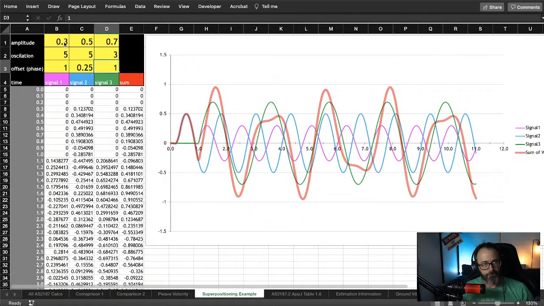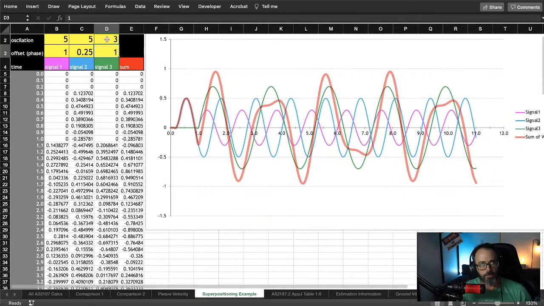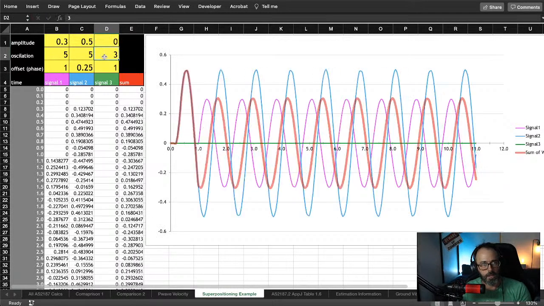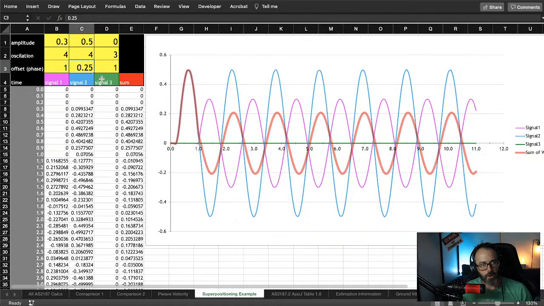Anyway, I'm going to hope that I've got it out of phase. Let's put the amplitude of the third signal at 0, just so that we don't get anything there. So we've only got 2 waves now to look at, and we'll do this with 4 so we can actually get it right. And I'll go 2 there.